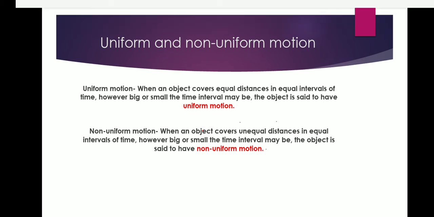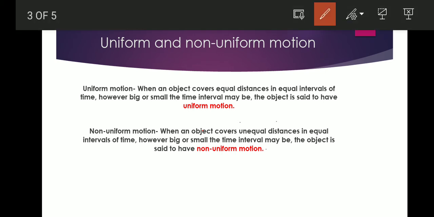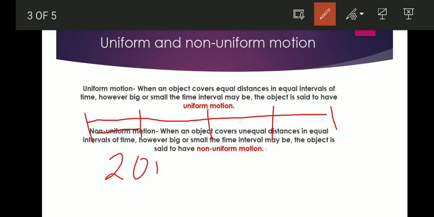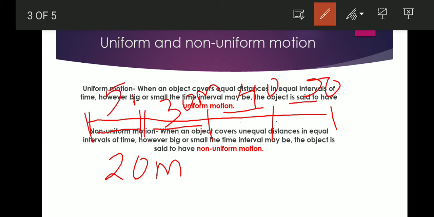In this case, the time taken, let's say this much distance is 20 meter and this much distance is 30 meter, this is 40 and this is 50. Okay, to reach from here to there he takes 5 minutes.